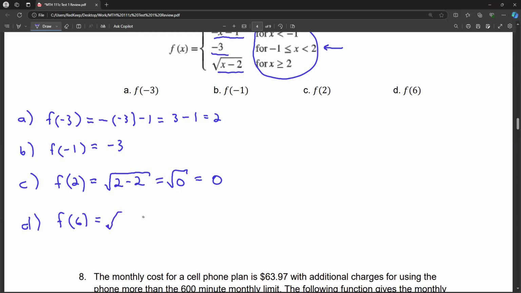So I'm going to go ahead and draw my square root and plug in 6 where the x was. So x minus 2 now is 6 minus 2. 6 minus 2, that's equal to 4, right? And so we have the square root of 4, and that is going to be equal to 2. Perfect. Okay, so that was everything for question 7.